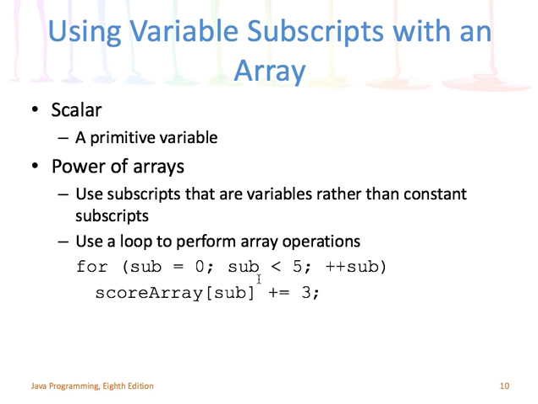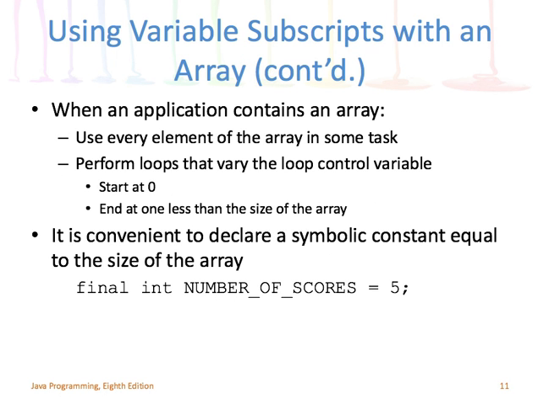Basically, if sub equals 0 and is less than 5, plus plus on sub means that sub will increment. So it starts at 0, and if the value is less than 5, then it'll go to 1, and so forth.